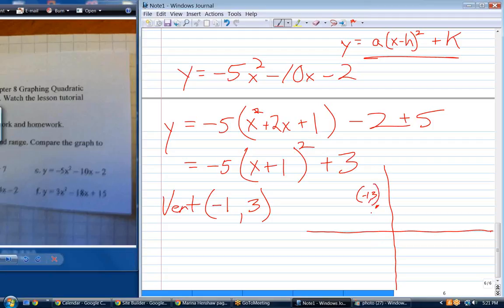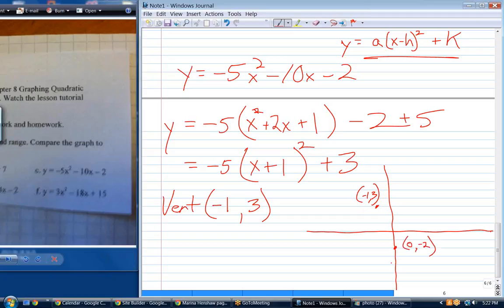How do I get 2 more points? Replacing x with 0. Okay, and what does that give me? The y-intercept. Well, what number does that give me when I replace x with 0? -2. Okay, so this point is on the curve.